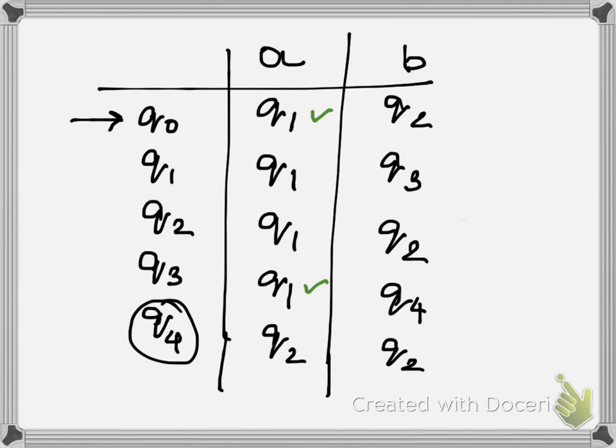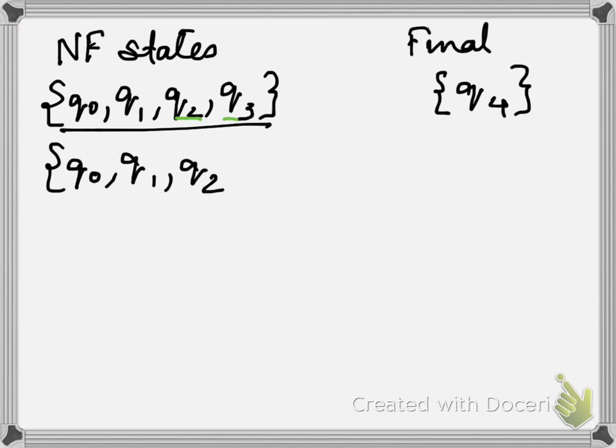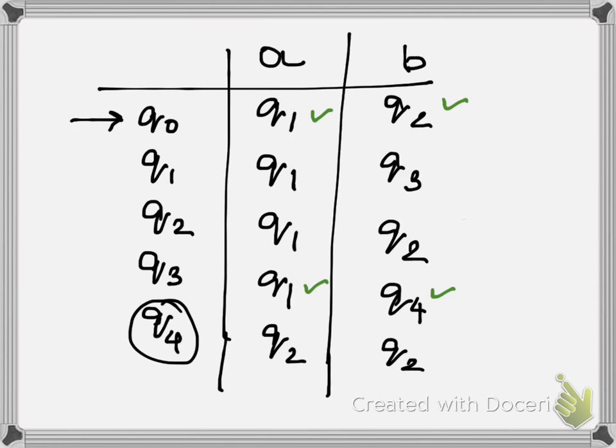Now we have to check for B. So Q0 on B goes to Q2 and Q3 on B goes to Q4. But now you see Q4 is not in this set. So you can say that Q3 and Q0 are not equivalent. And since Q3 is not equivalent to Q0, it is also not equivalent to Q1 and Q2.